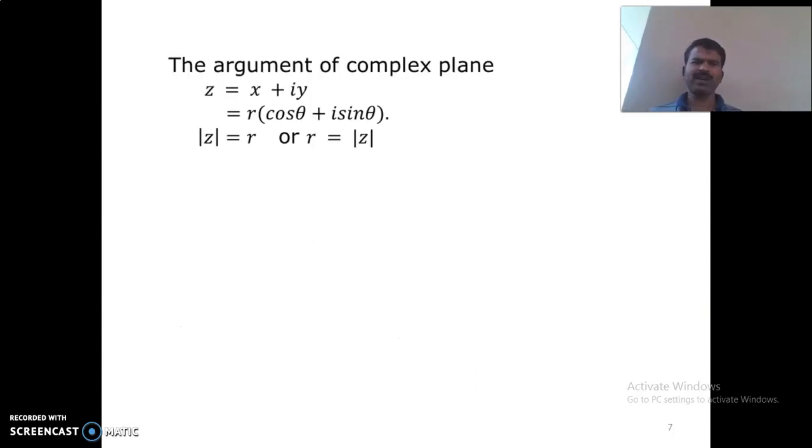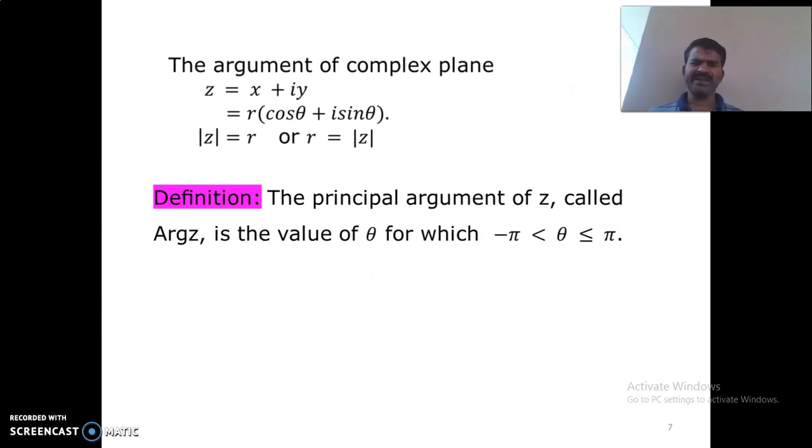Now, the argument of the complex number: the principal part of the argument of z is called arg z, that is, arg z is the value of theta there. This is the value of theta, whose domain is the upper half of the circle.